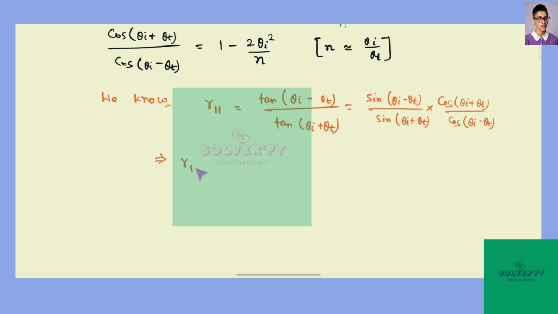Now let's find R parallel for theta I nearly equal to 0, that is for nearly normal incidence.